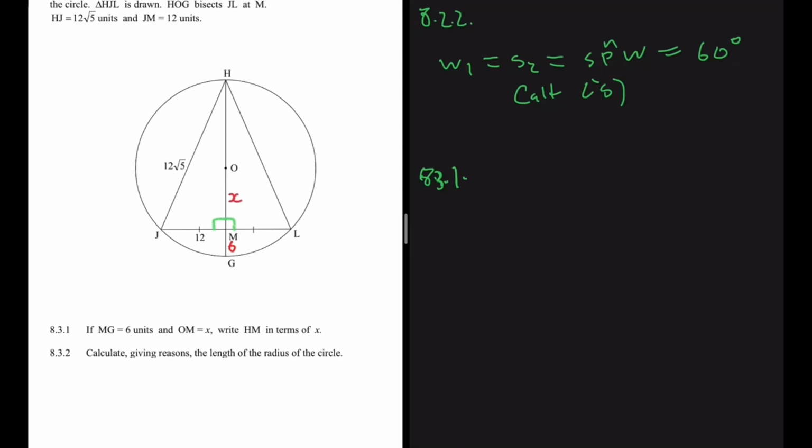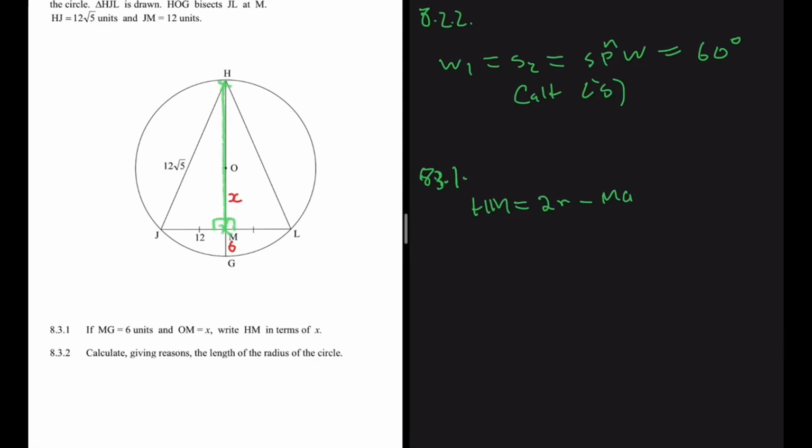Write HM in terms of X. So let's look at HM. So H starts here and then it goes down to M, right? So we want the length of HM in terms of X. HM is basically equal to 2 radius minus MG, right?